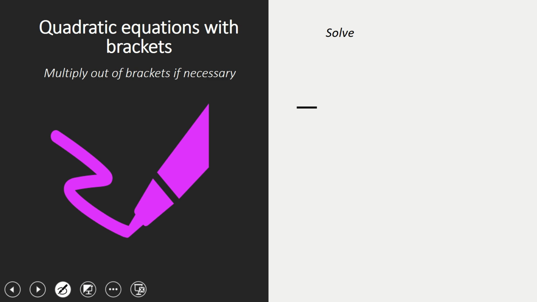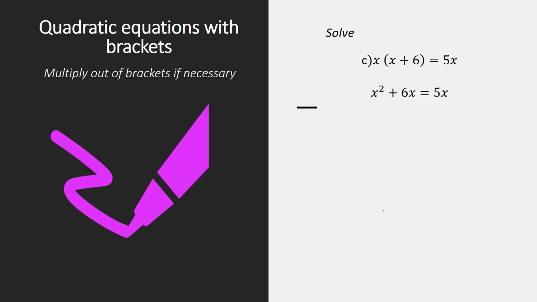Right, exercise C. Again, first check if you need to multiply out of brackets. And in this case, I'm going to check again, is the right side equal to 0? No, it is not, it's 5x, and therefore you need to multiply out of brackets first. So what you're going to do is x times x, that equals x squared, and x times 6 equals 6x.